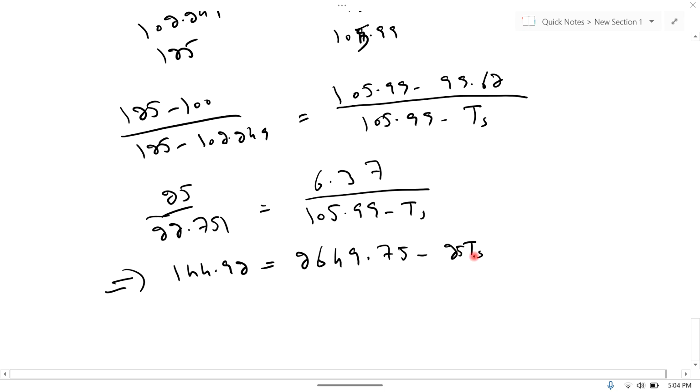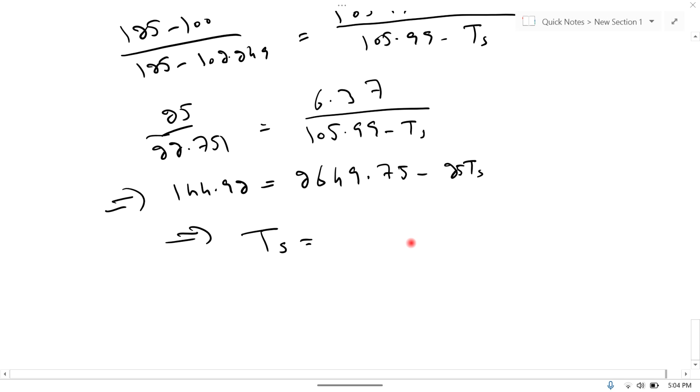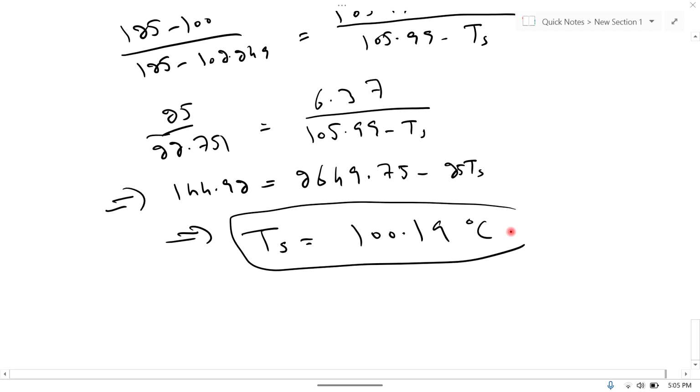So rearranging this equation, Ts is equal to 2649.75 minus 144.92, divided by 25. This is equal to 100.19 degrees centigrade. So the boiling temperature is 100.19 degrees centigrade, and problem 3.48 is completed.